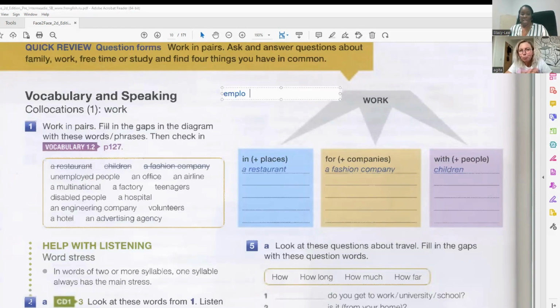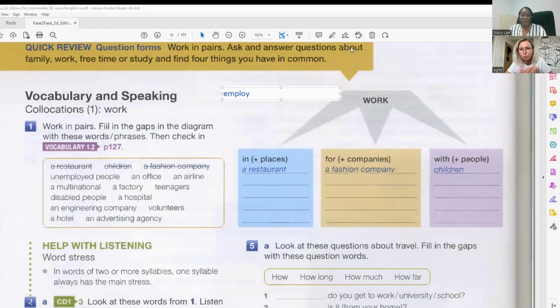So we have the word employed. It is people employed. Self-employed. It is people that work.